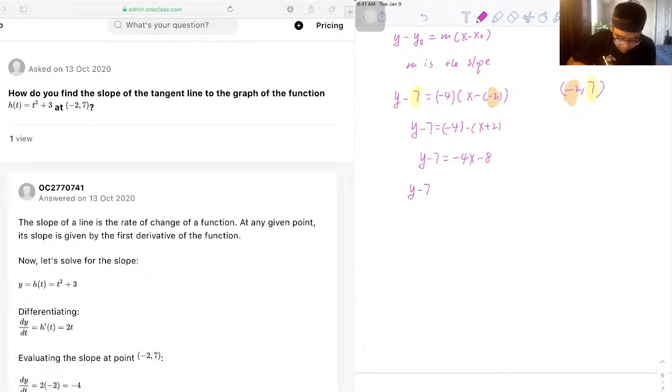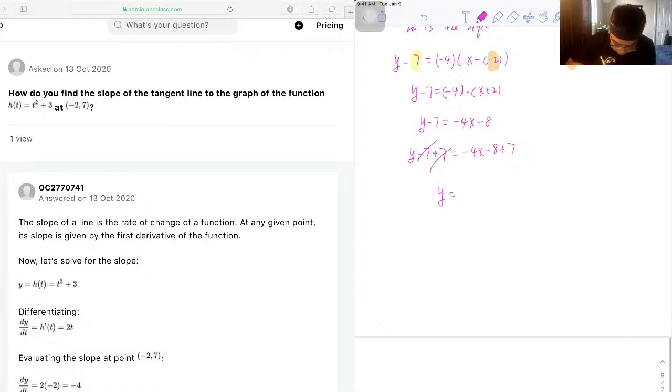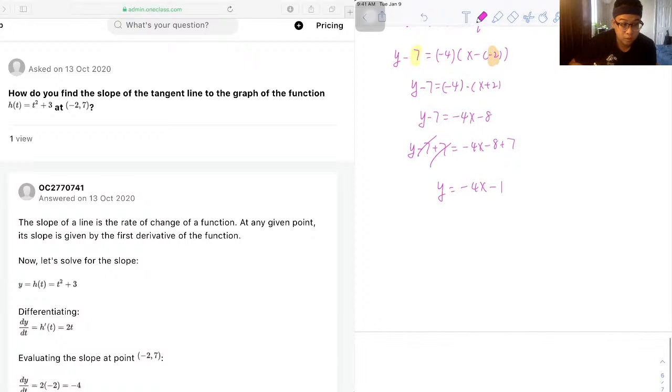So y minus 7 plus 7 is equal to -4x minus 8 plus 7. And minus 7 plus 7 will just cancel out, so we have only y left on our left-hand side, and this becomes negative 4x minus 8 plus 7, so it becomes minus 1.